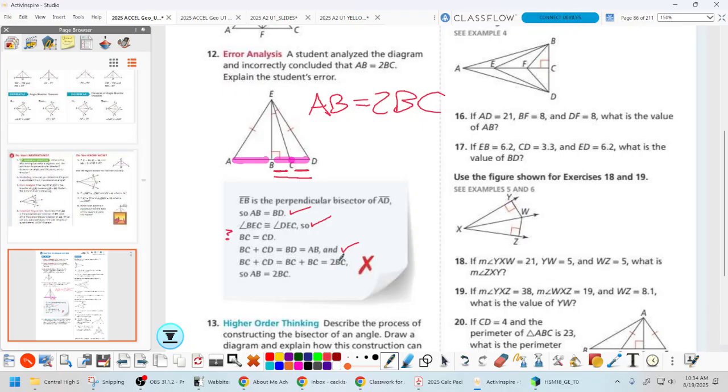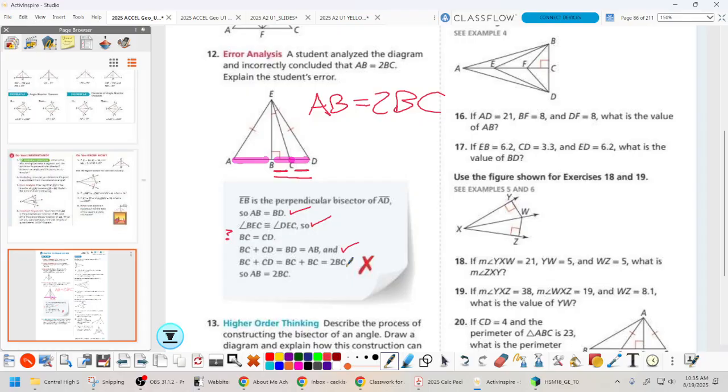Okay, let's check the next line. BC plus CD. So again, just always go back to the figure. BC plus CD equals BC plus BC, which is 2 BCs.